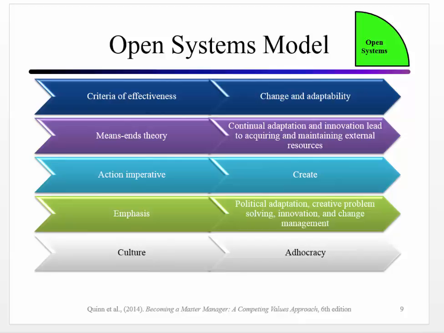So if you walked into an open systems model office, you probably wouldn't see an environment that you see every day. Maybe it's like Google, where you have beanbags and a breakfast station where you can prepare 17 different types of cereal for your breakfast, and you're encouraged to have breakfast at work.